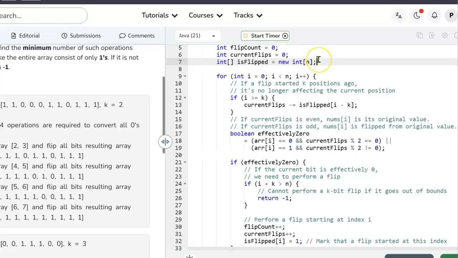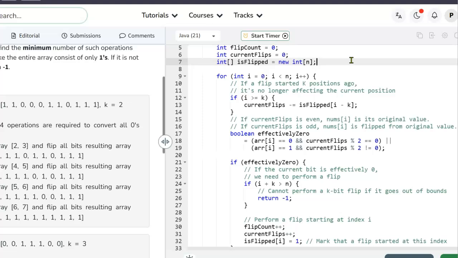So actually our auxiliary space is not going to be O of K, it's going to be O of N. I hadn't seen that O of K, but if you really had to get it to O of K, you could do it, because anything outside the current window, we don't care if it's flipped or it isn't.